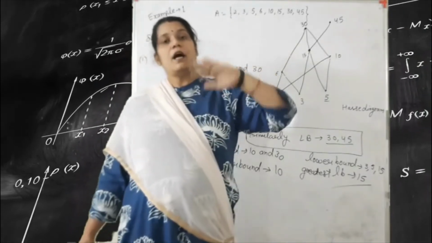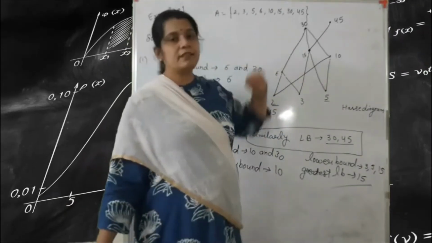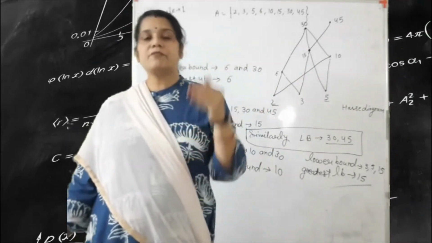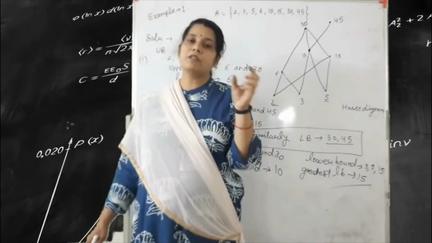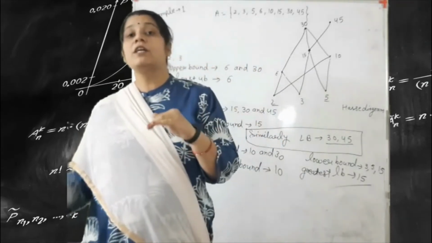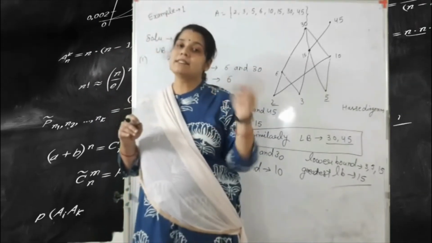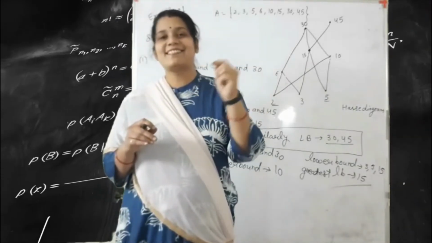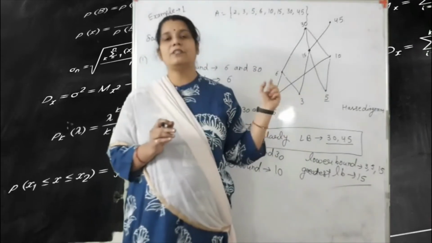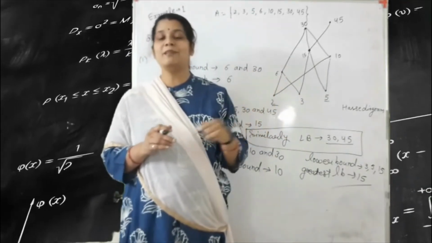So first, according to your set and the relation, you draw the Hasse diagram. After that, first you find the upper bound and the lower bound, because with the help of the upper bound and lower bound you very easily find the least upper bound and the greatest lower bound. Okay, so this is an example of the LUB and GLB.